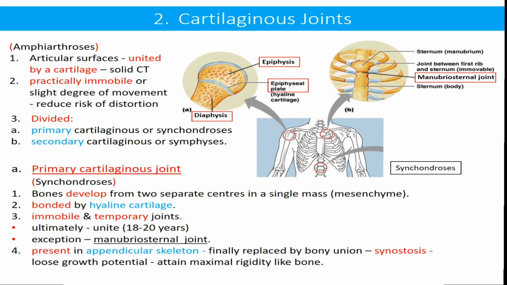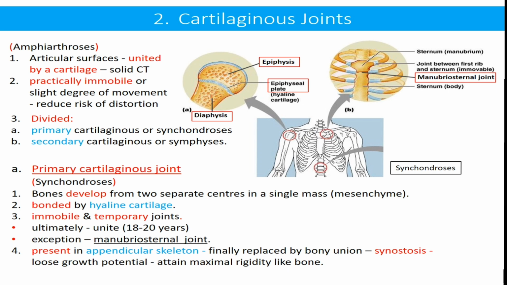First, the primary cartilaginous joints, which are also named as synchondrosis. In these joints, the opposing bones develop from two separate centers in a single mass of mesenchyme, such as epiphysis and diaphysis.